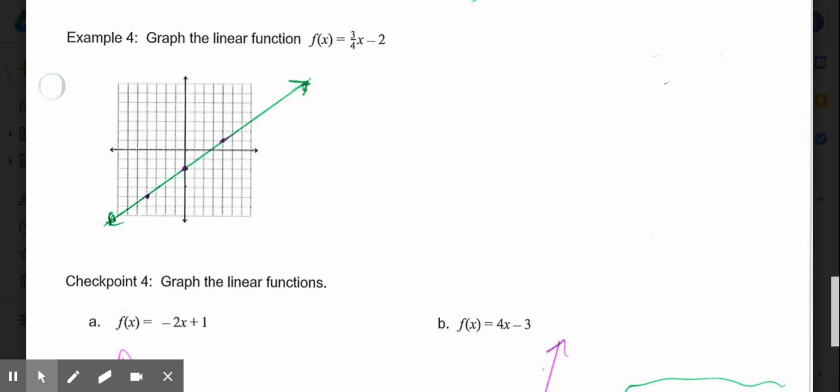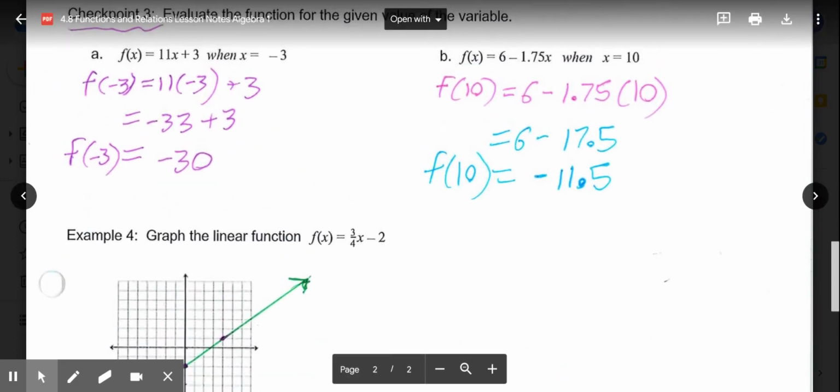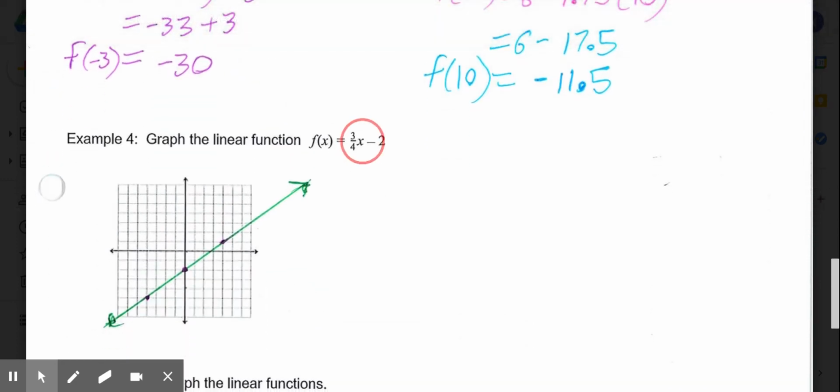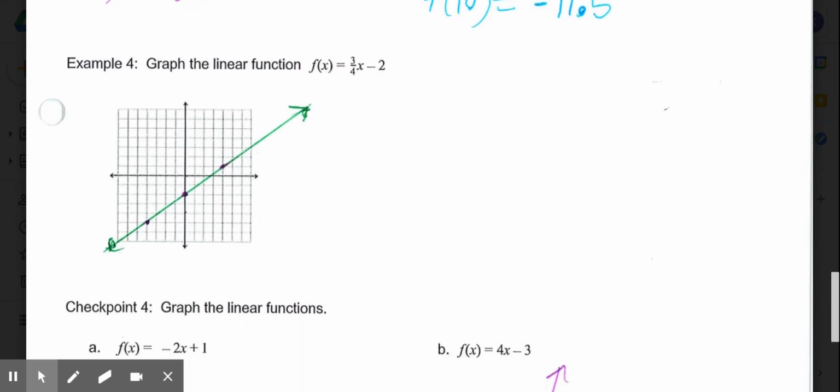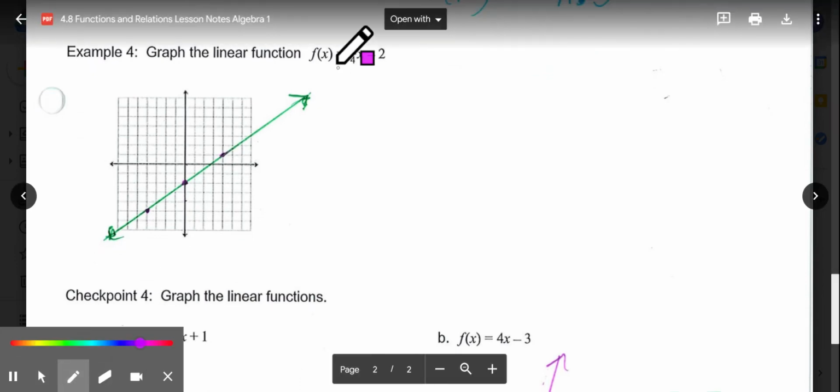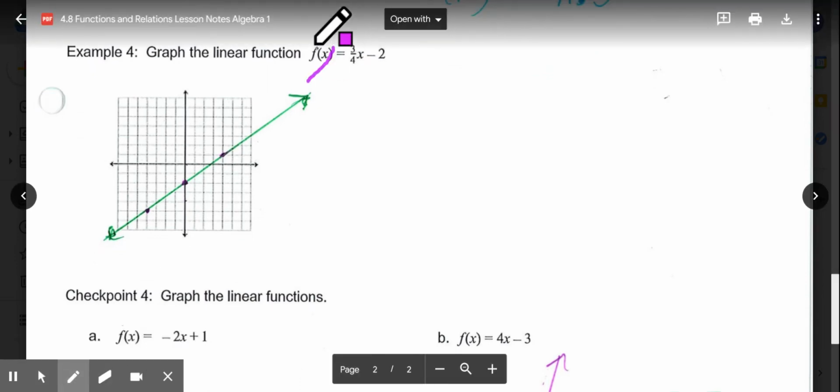So speaking of graphing, now we could evaluate using algebra by putting a few numbers in for x, getting our output values and graphing those ordered pairs. Or we can simply think of this f of x as slope-intercept form. So y equals 3/4 x minus 2. So the negative 2 is our y-intercept. That gives me this point here where we cross the y-axis at 0, negative 2.